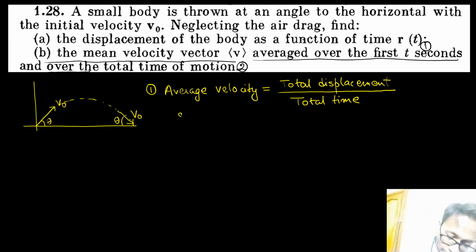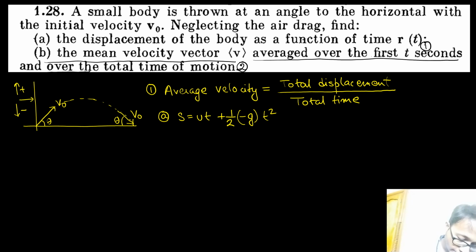What is the displacement for the first t seconds? Displacement is equal to ut plus half minus g t square. Why minus g? I'm taking this as positive and this as negative.